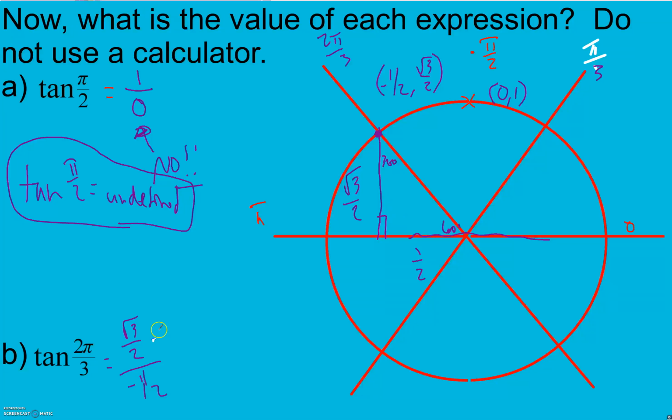Again, I multiply by the reciprocal to get rid of my division. Here, my 2's cancel. I end up with just negative square root of 3. And that's what tangent of 2 pi over 3 equals. Negative square root of 3.